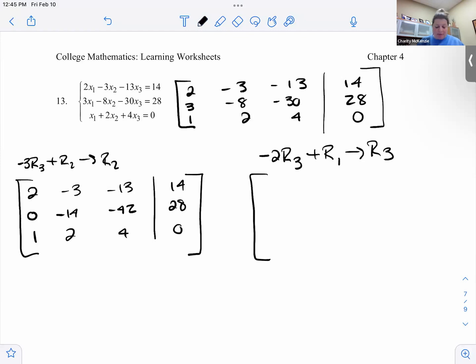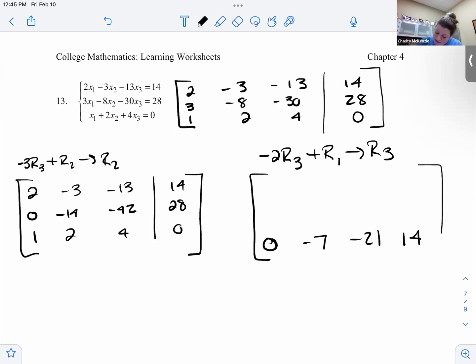So we're really only changing row 3, so it's 0 at the beginning. -2 times the bottom, and then add it to the top. So that's a 0. -2 times 2 is -4, minus 3 more is -7. -2 times 4 is -8, minus 13 is -21. 0 times anything is 0, plus 14 gives me 14.